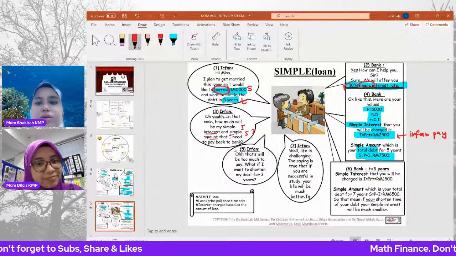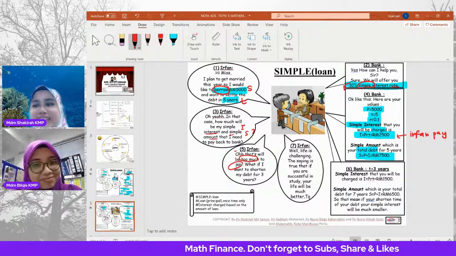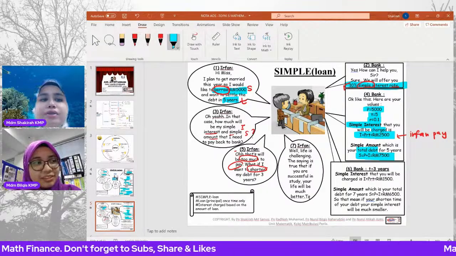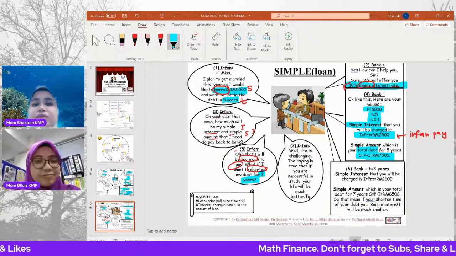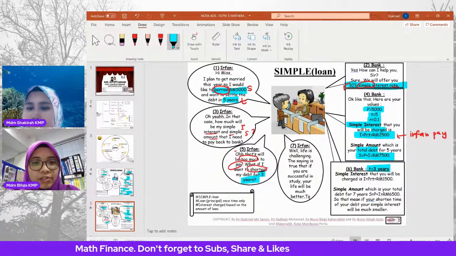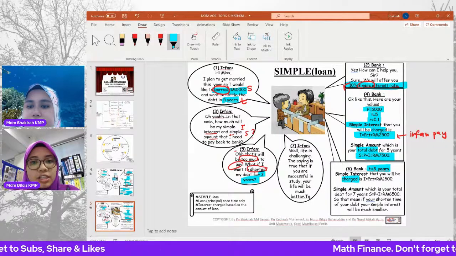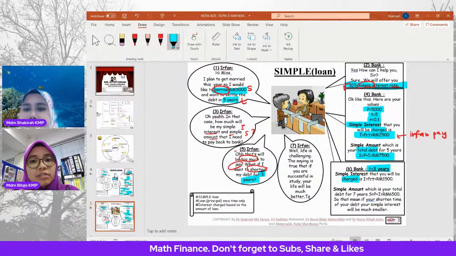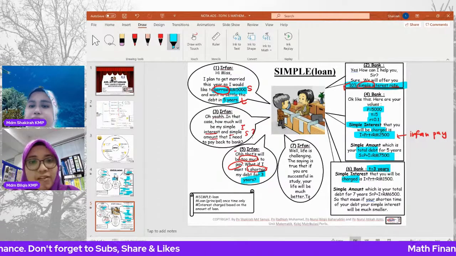Okay, sir? Okay, that will be too much to pay. Tengok tu, nak kahwin, nak pinjam banyak pula nak bayar. What if I want to shorten my debt for 3 years? Okay, tadi 5 tahun kan, sekarang ni nak kurangkan tempoh hutang dia. Okay, next, dialog 6. Okay, so for shorten your debt for 3 years, what we need to do? Your simple interest that you will be charged is I equals to PRT, where your T here is 3 years compared to the first solution, where your T is 5 years, right?